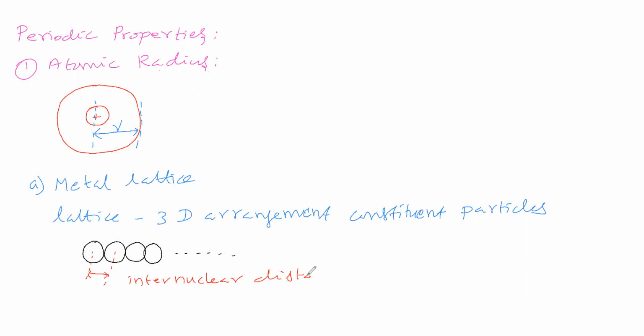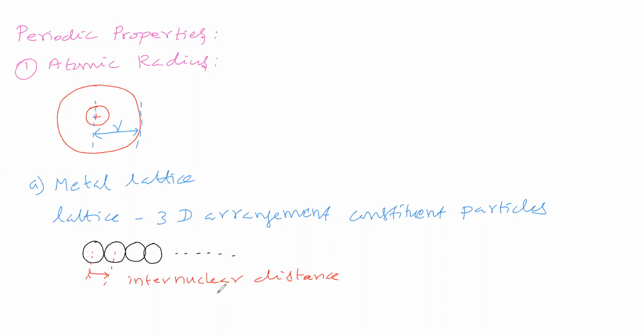In a metal lattice, a three-dimensional arrangement of metal atoms, these two neighboring metal atoms are just in contact with each other. From this center to this center, the distance is called the internuclear distance.